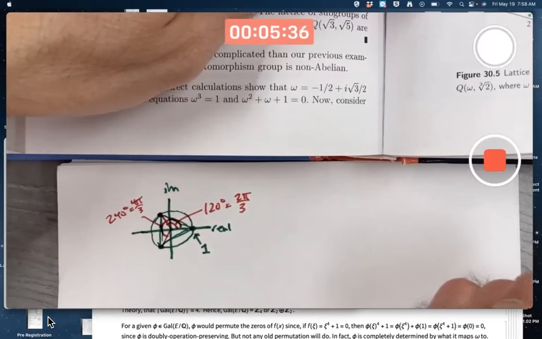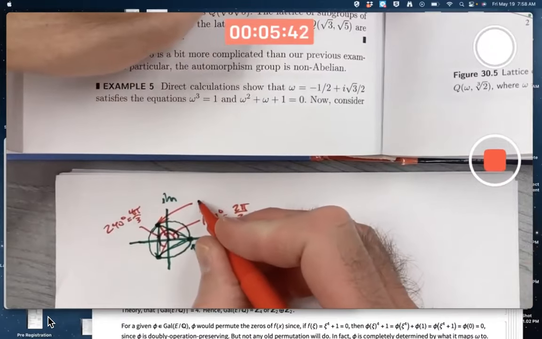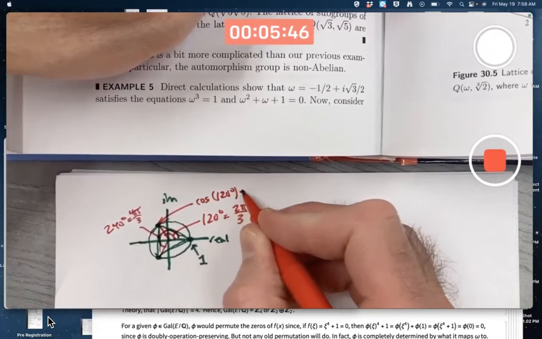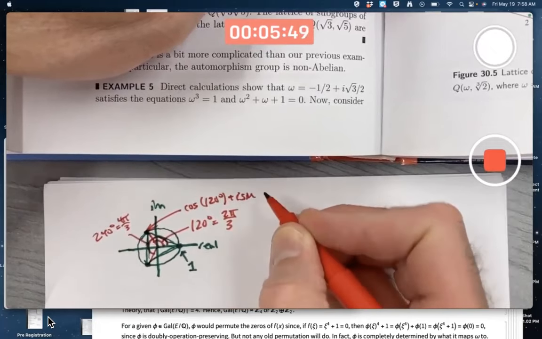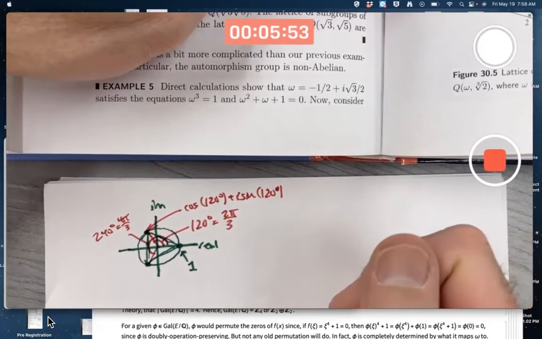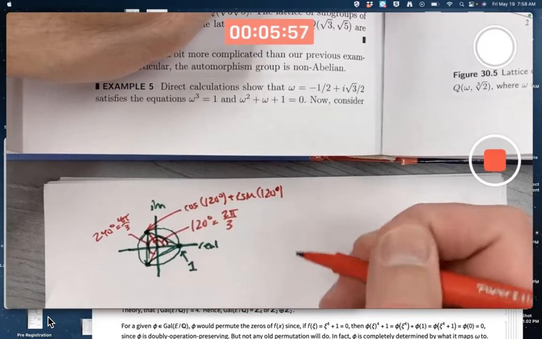And if you use trigonometry effectively of the unit circle, you realize that this one's got to be the number, I'll go ahead and use degrees, cosine of 120 degrees plus i sine of 120 degrees. It's essentially polar coordinates there. We are on the unit circle, so the distance to the origin would be 1. I don't need some number in front of this expression.